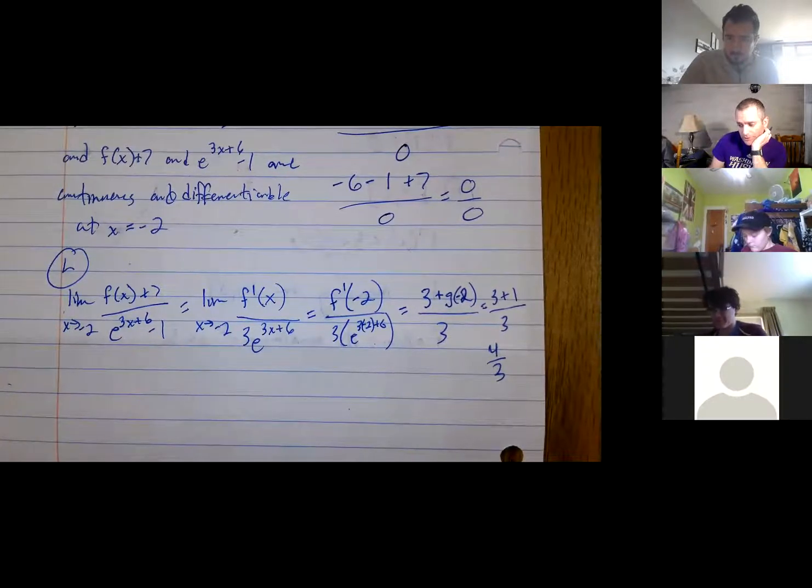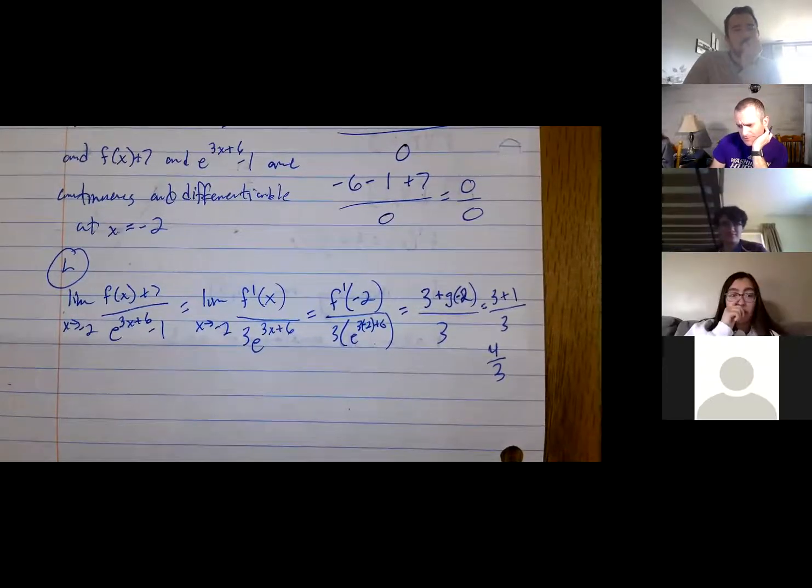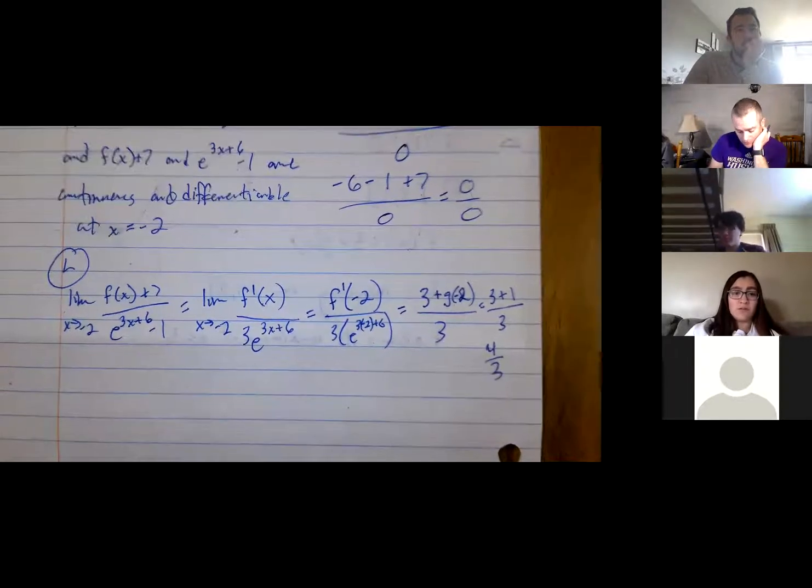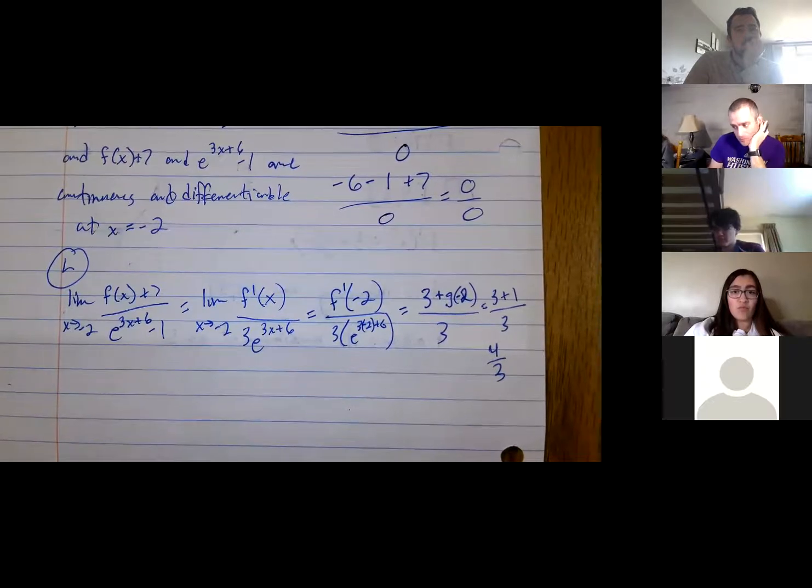Any other follow-ups? Yeah, Alina, rebuttal? So you have to specifically state that it's continuous and differentiable. You can't just write L'Hopital's rule. Yeah, was that one of the points? Because I solved it for 0 over 0, but I didn't write that each one was equal to 0.